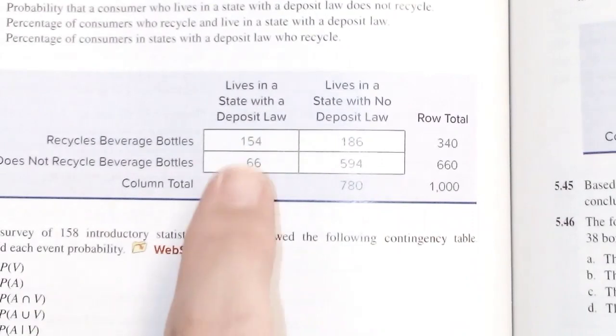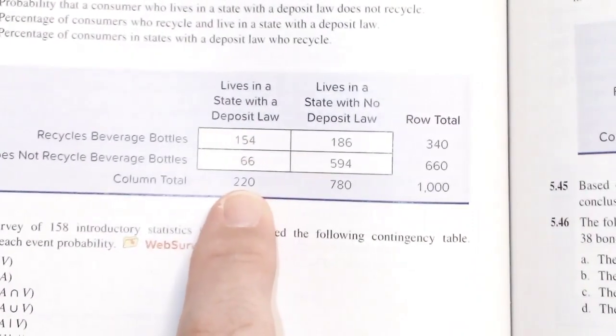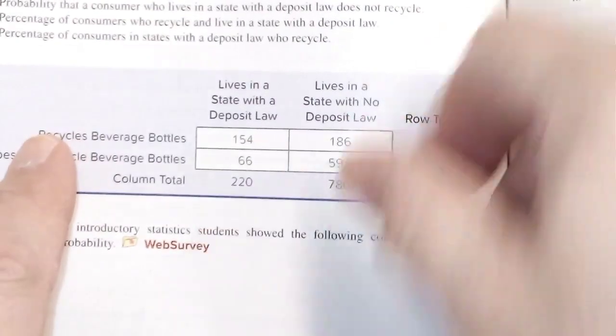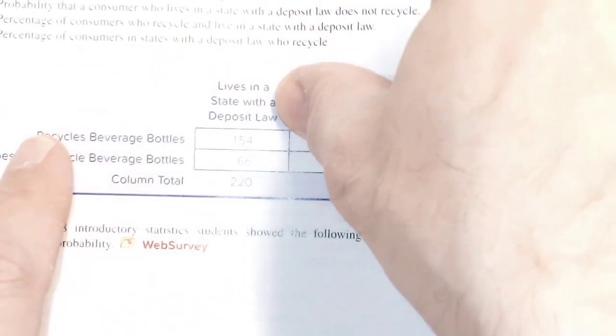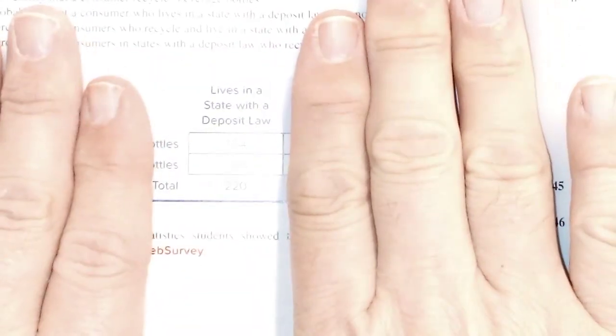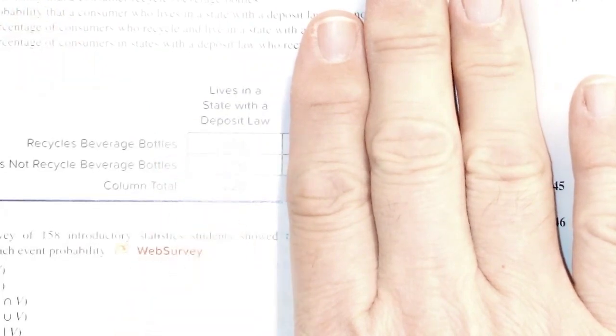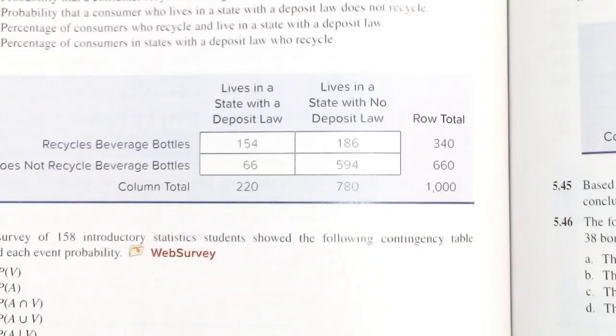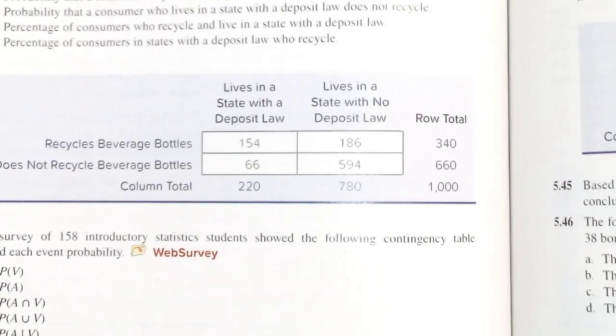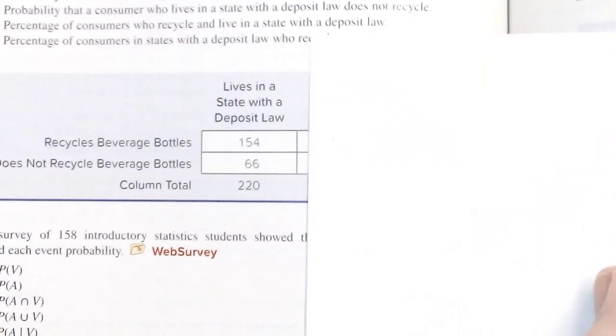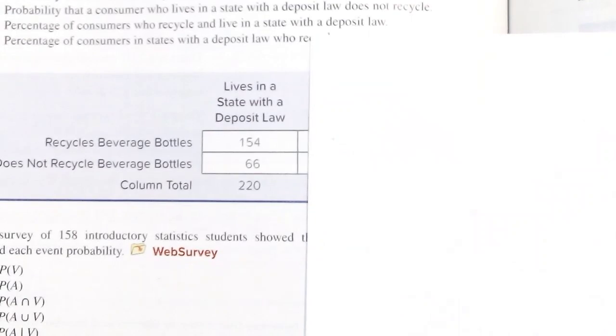If I do 154 over 220, that's the chance you recycle given that you live in a state. We restricted ourselves to this column, right? So I'm only looking at states that have a bottling law. If I say you're only allowed to look at states with deposit laws, that's the conditional probability. That's given you live in a state with a bottling law.